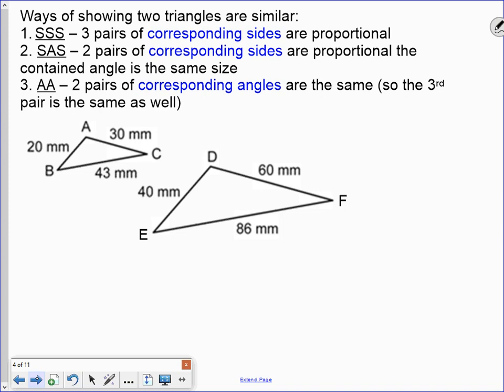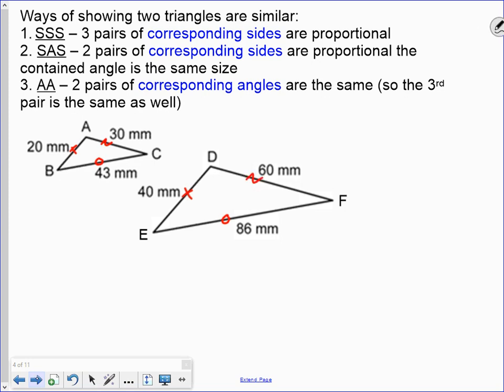So looking at these two triangles here, ABC and DEF, we can see just by the shape which sides are corresponding. It looks like this side and this side are corresponding, this side and this side are corresponding, and this side and this side are corresponding.